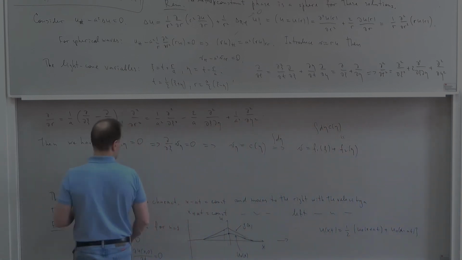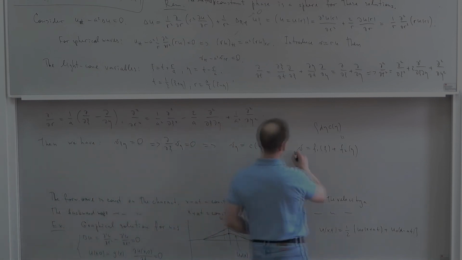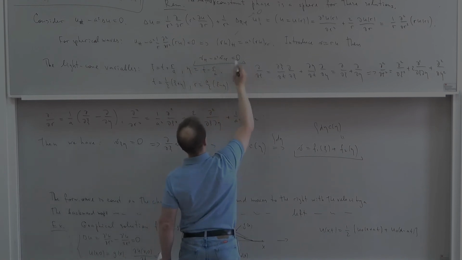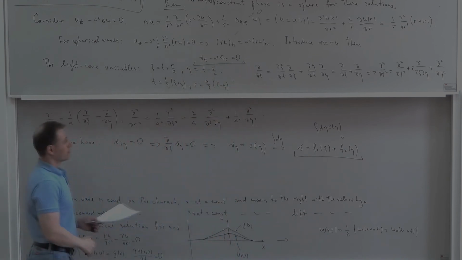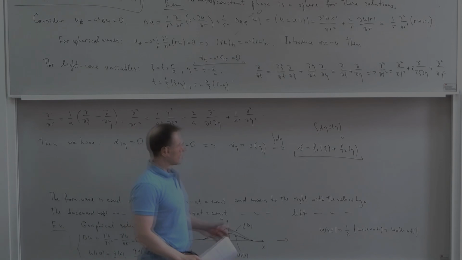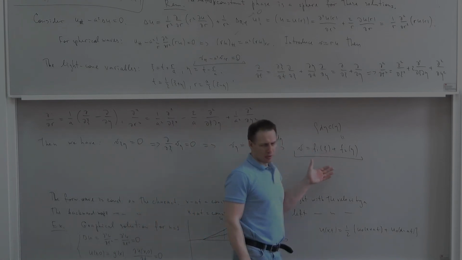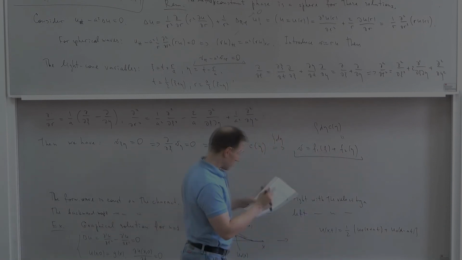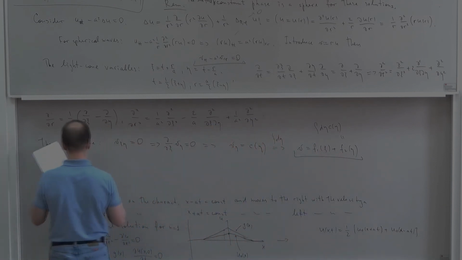So the general solution of the one-dimensional wave equation looks as follows. It consists of two functions, and in fact they are just the forward and backward waves. Let me write such a form.